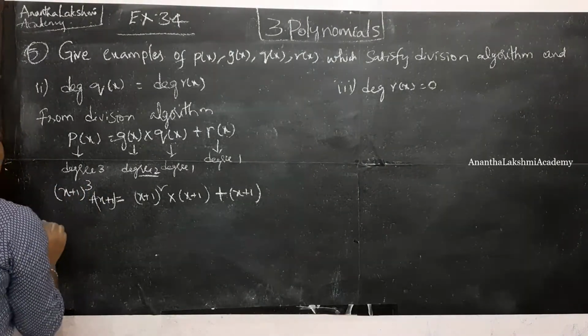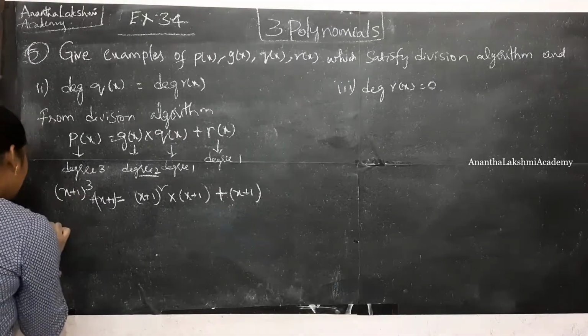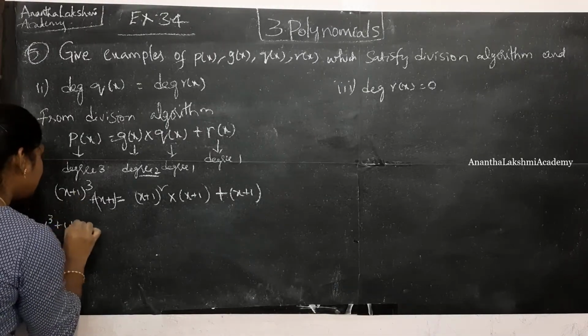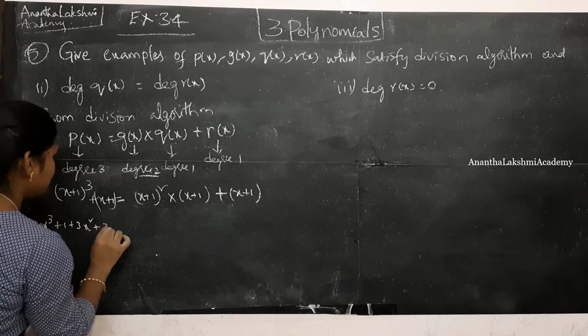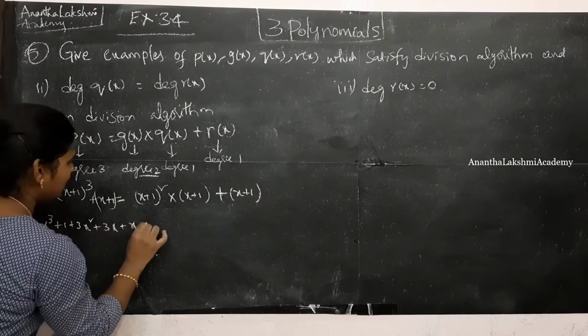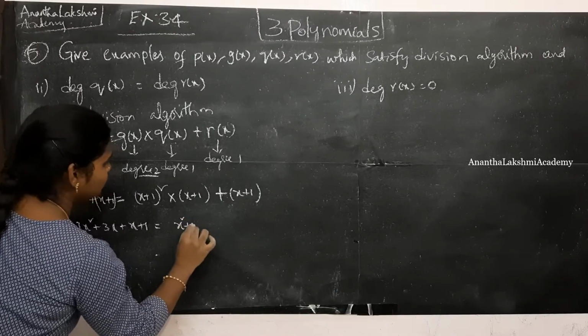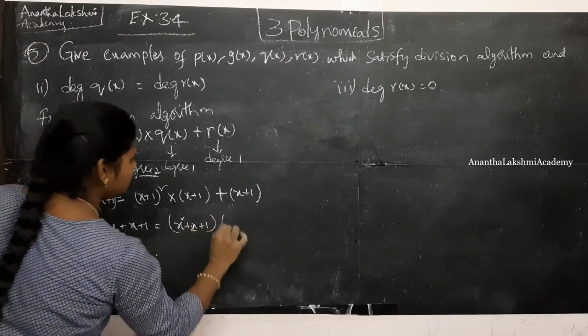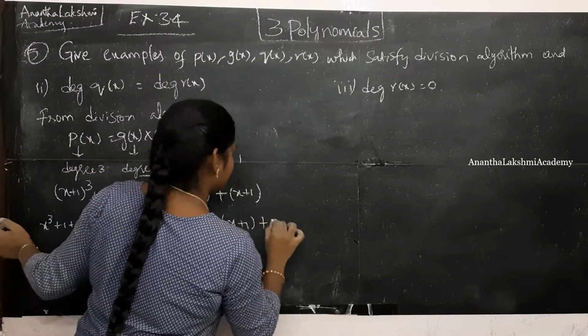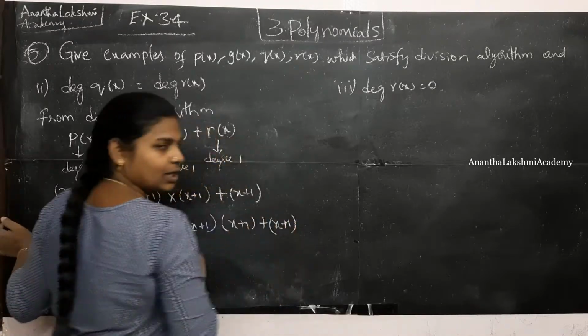Now let us expand the forms. X cube plus 1 plus 3x square plus 3x plus x plus 1 is equal to x plus 1 whole square is x square plus 2x plus 1 into x plus 1 plus x plus 1. Alright.